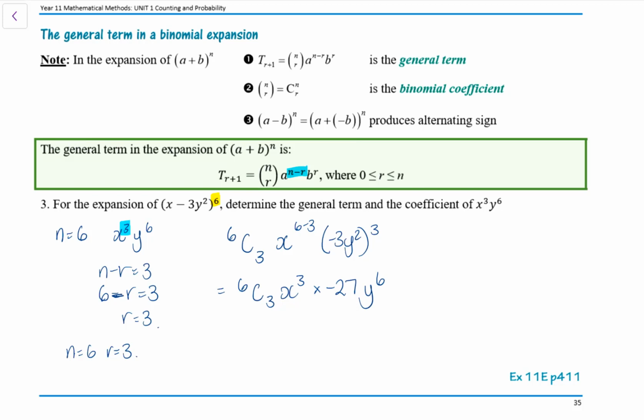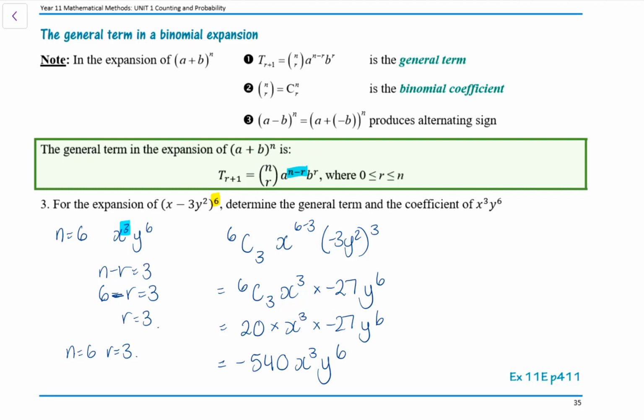To work out the 6c3, go to your calculator and you get 20. So that's 20 times x to the 3 times negative 27 y to the 6. 20 times 27 is 540, so I've got negative 540 x cubed y to the 6.